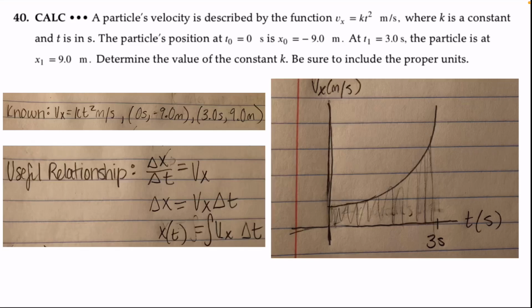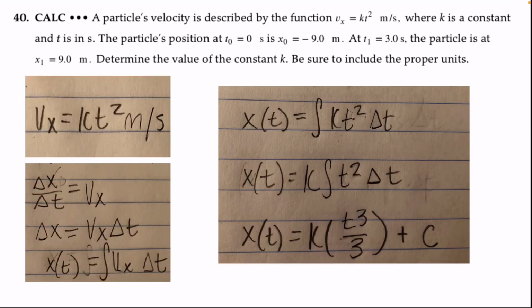We don't know the altitude because the altitude is what k indicates, but we can use this to wrap our heads around it. That shaded part, the area under the curve, is the integral. That integral is going to be the position versus time function that we're going to find in our next step.